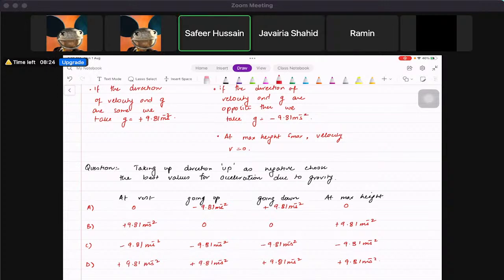If you have a weight, you know the formula for weight, which is W equals mg. If you have a weight, you must be feeling acceleration, don't you think so? So that means A is wrong. Acceleration due to gravity is always there, no matter what. Is it clear, everybody?